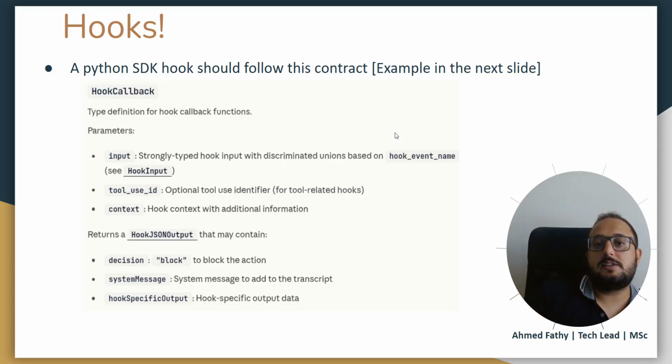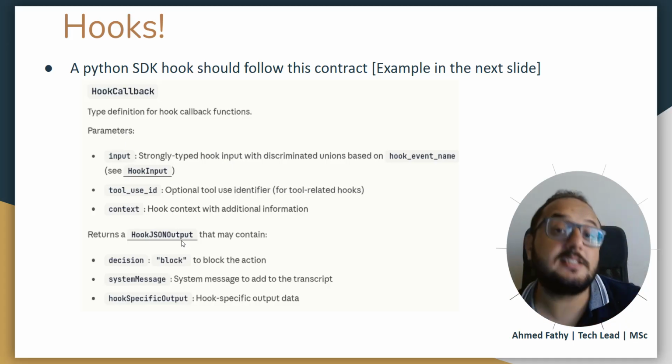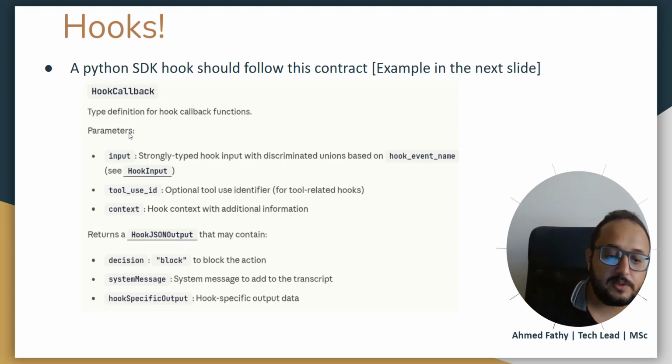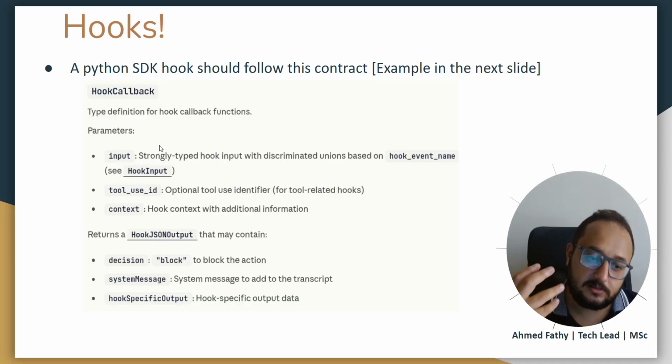But really, this is just a function, right? And this function will take some parameters as input and is expected to return a specific output format. For inputs, you have those three inputs, and you have a parameter called input, which should follow the hook input. Again, this will be a little different based on the actual tool.